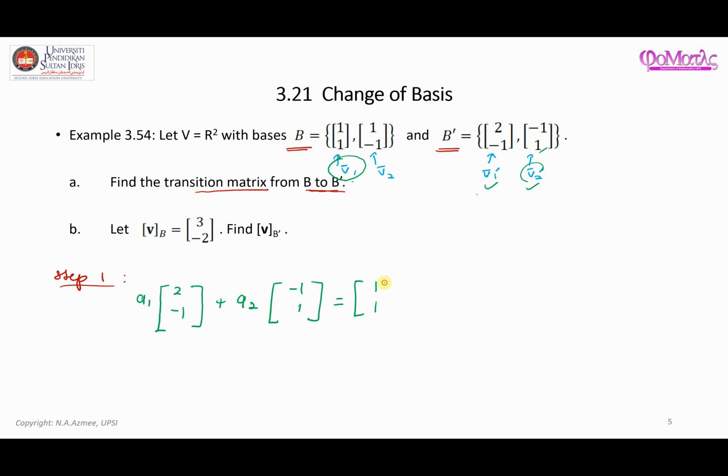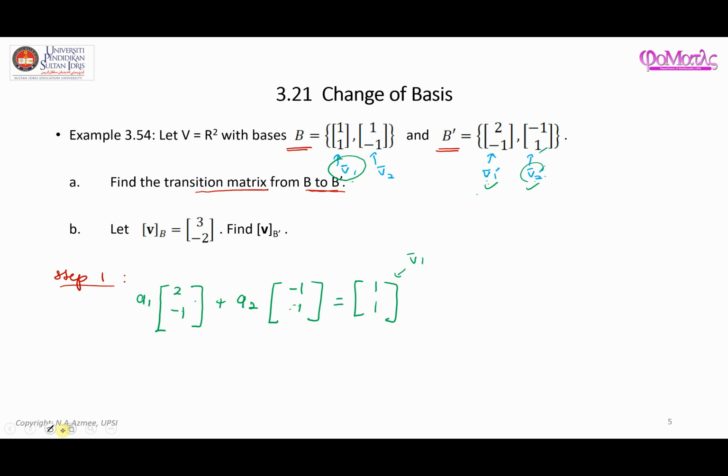So here is 1, 1. Notice that this vector here from the old one is a combination of the new vectors, both of them, from the new basis, okay?